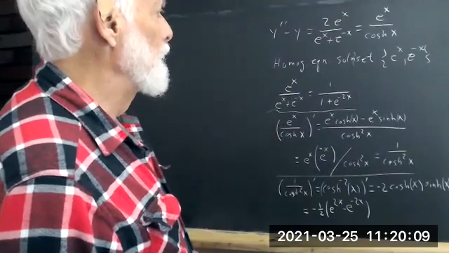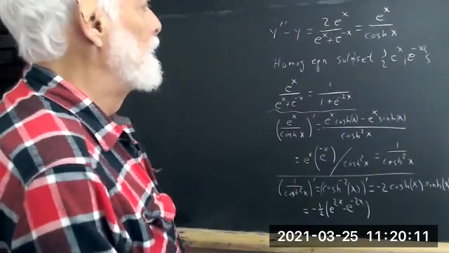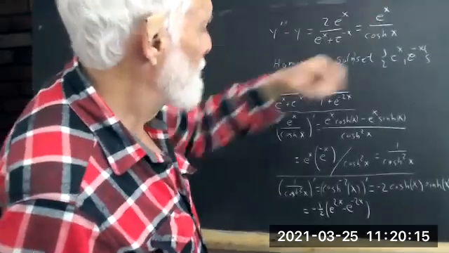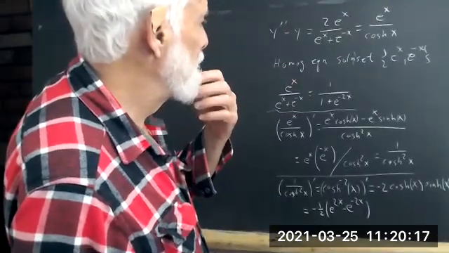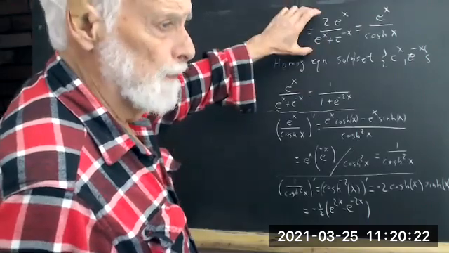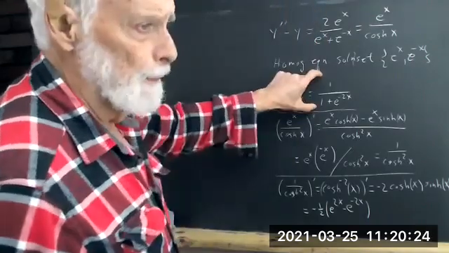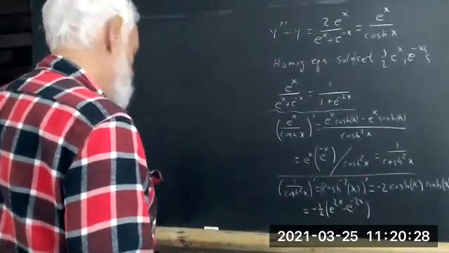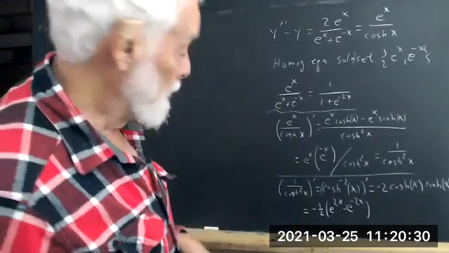And I want to go to annihilators because I can't see a trial solution that would give me something of this form. Or this form. Or this form. Okay. But that's what I'm kind of looking at. Don't see it right off the top of my head.